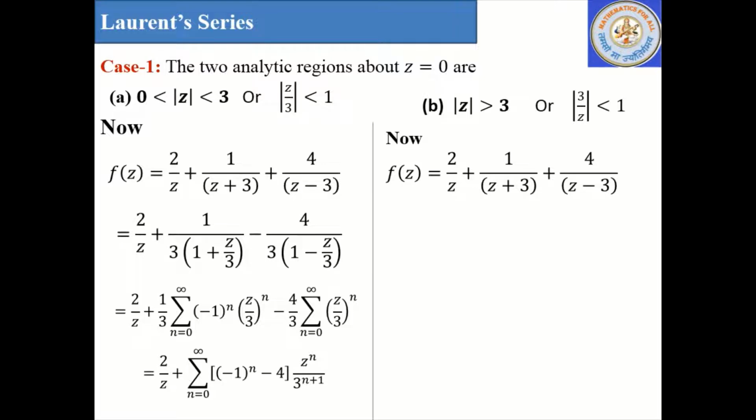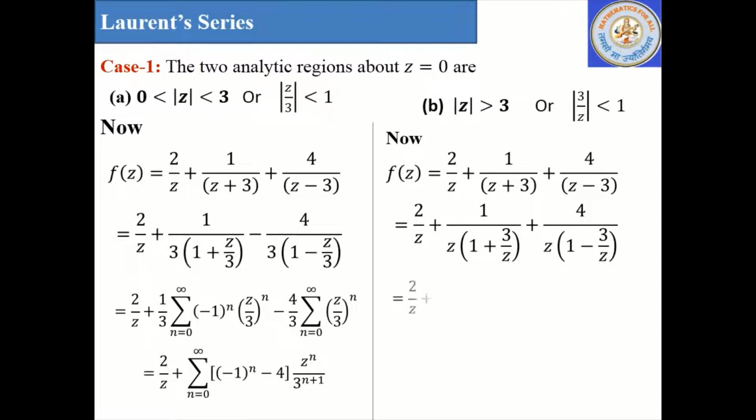Since we require the Laurent series in the form of 3 by z, in the second and third terms we have taken z common. So it is 2 by z plus 1 by z into (1 plus 3 by z) plus 4 by z into (1 minus 3 by z). Again this denominator term we will expand by taking the power minus 1, and it is going to be in summation form. You should remember this summation form, how we write it.